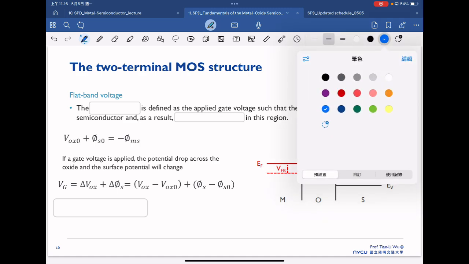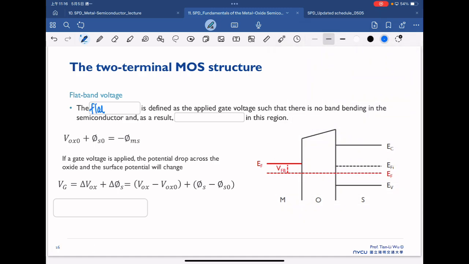The flat band voltage is defined as an applied gate voltage such that there's no band bending in the semiconductor, and as a result, no band bending implies that there is zero net space charge in this region.